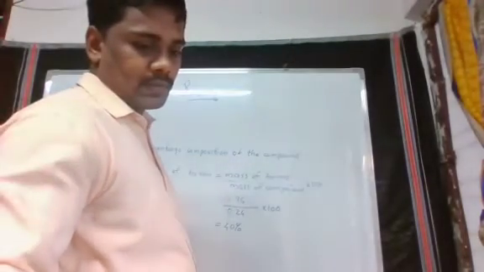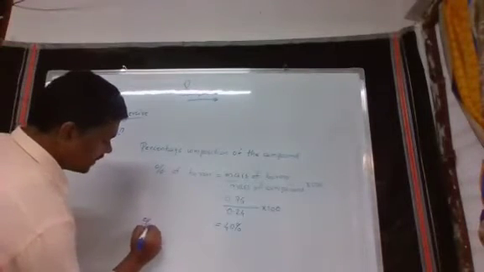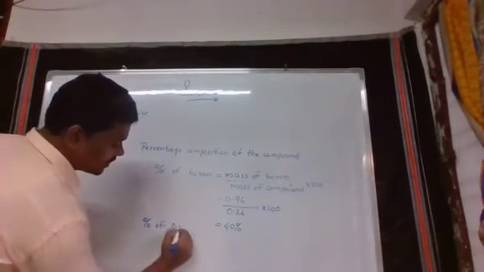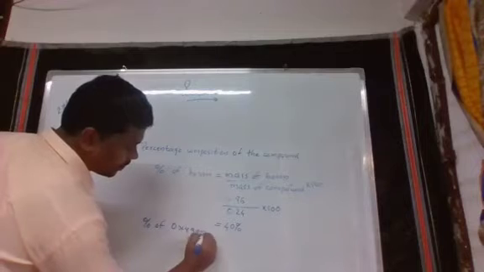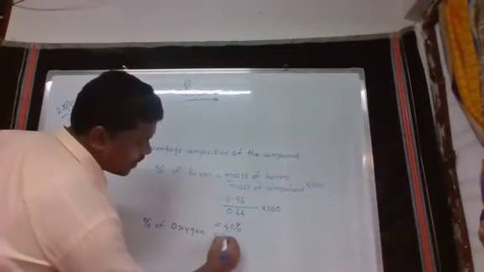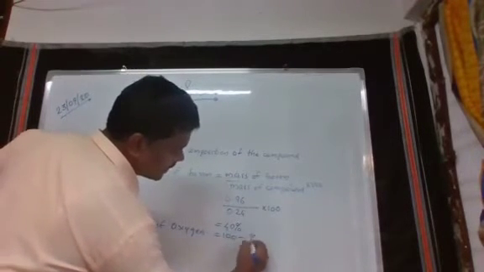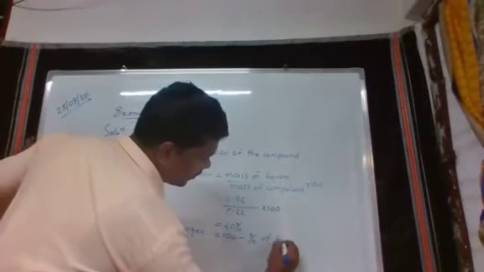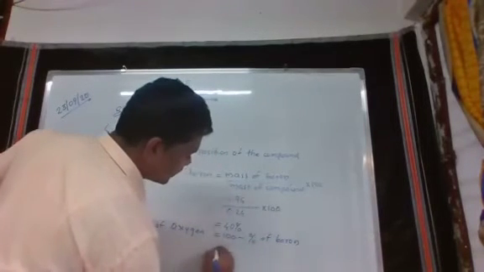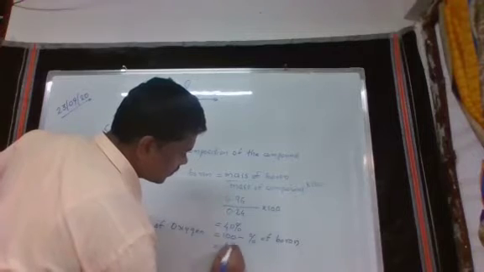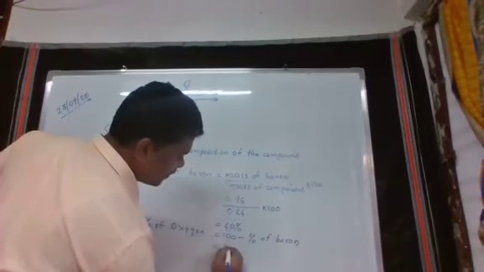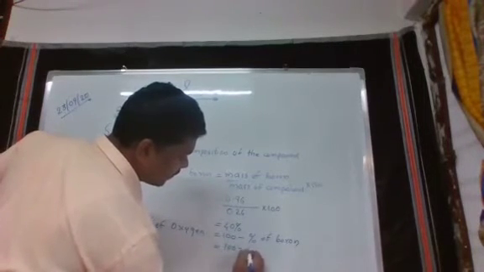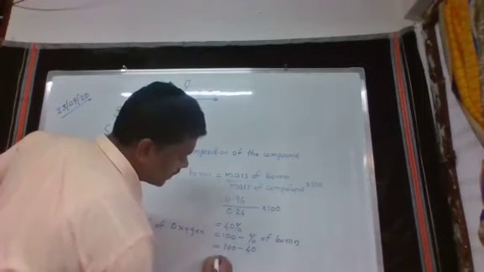Then the percentage of oxygen is 100 minus the percentage of boron, 100 minus 40, that is 60% as the answer.